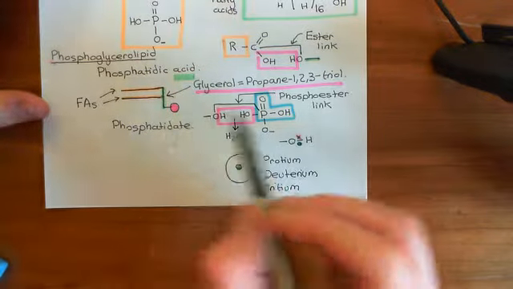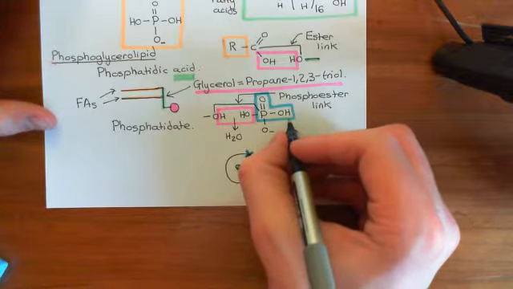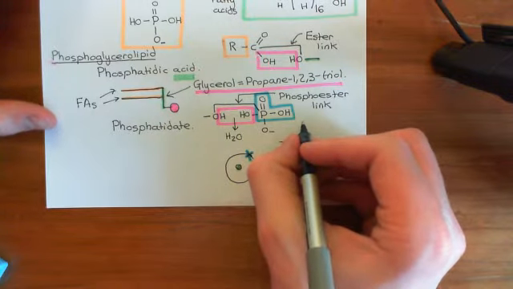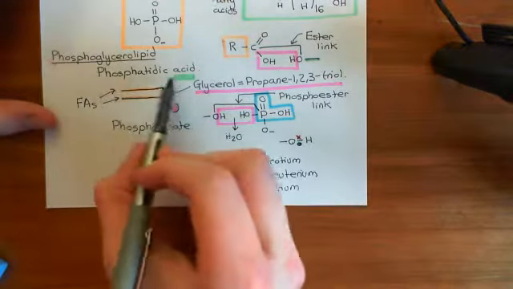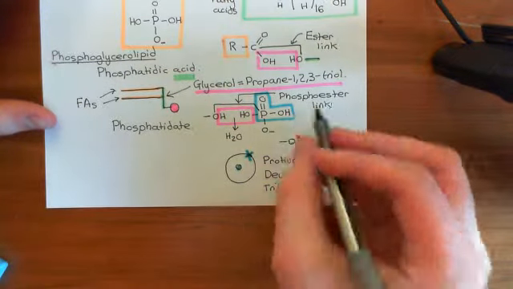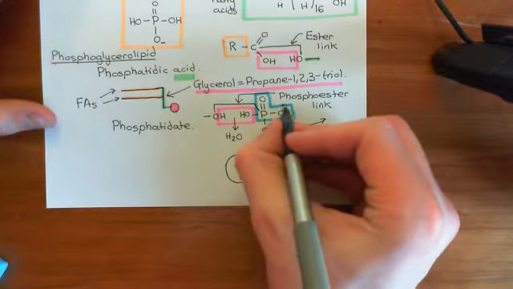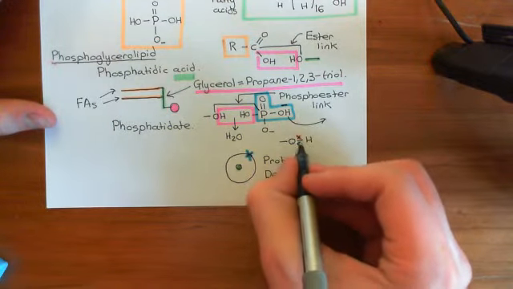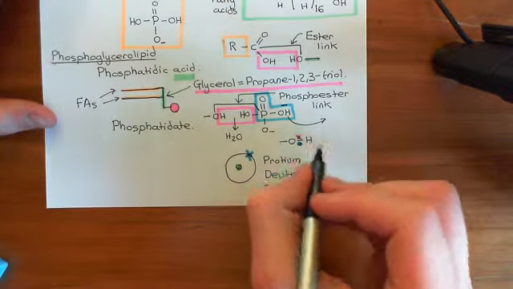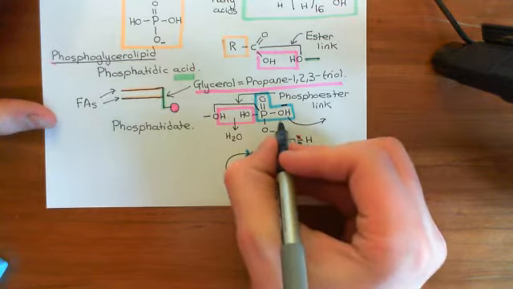Okay, so what then will you have left over once the phosphatidic acid has actually donated its proton away into solution? So phosphatidic acid is the name for the molecule when it has that proton here. Once it has lost the proton, the oxygen will now have a negative charge because it's gained that electron from the hydrogen. Okay, and the molecule that is left over is no longer an acid.